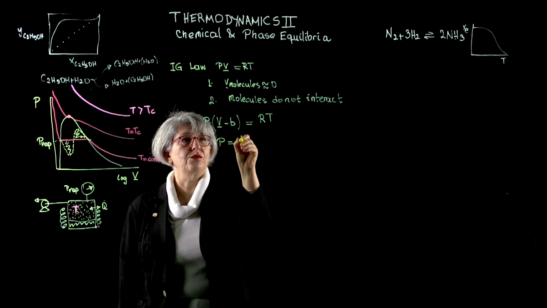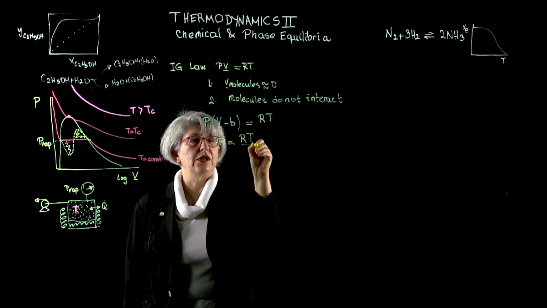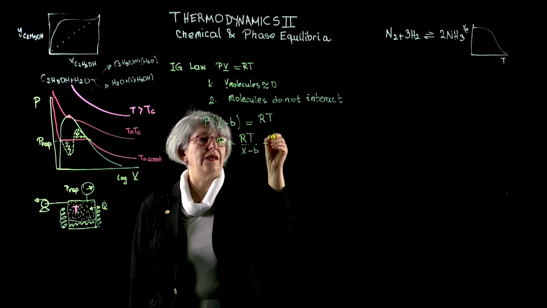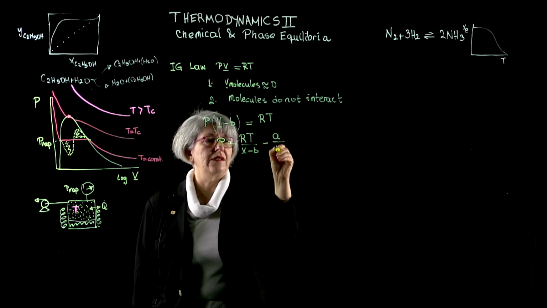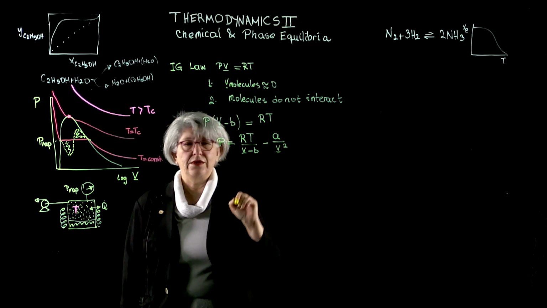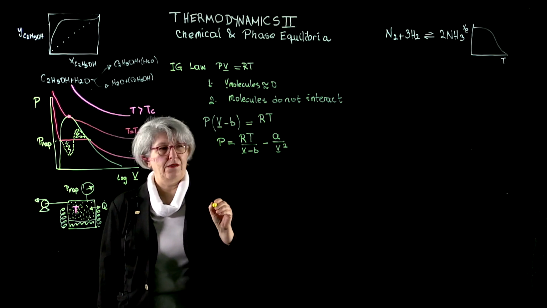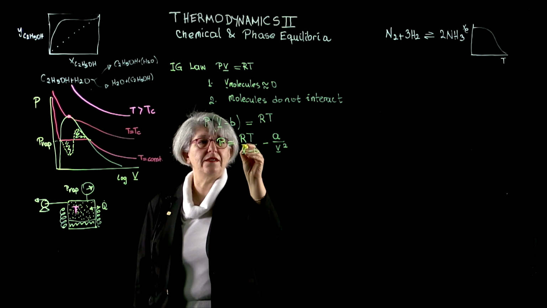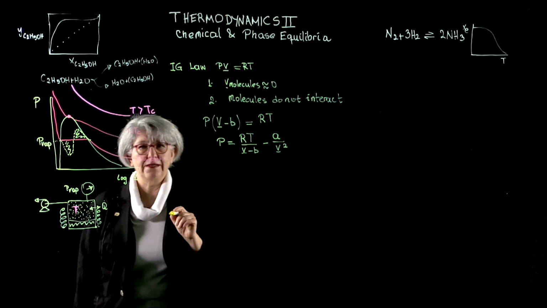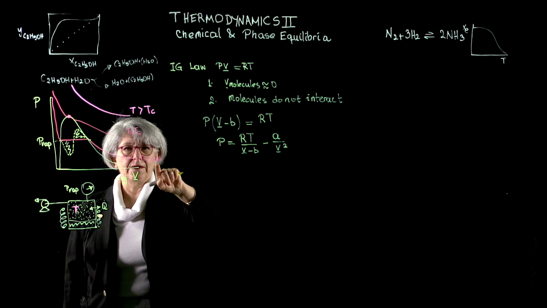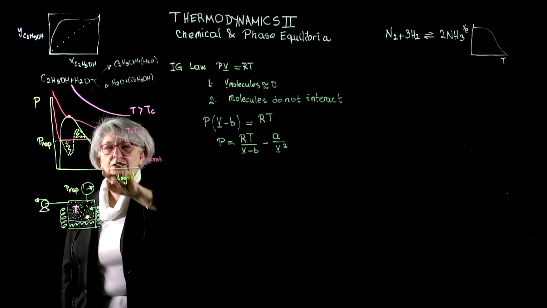Pressure is equal to RT over V minus B, minus A over V square, was our first approximation of an equation of state that represents the fluid behavior in the two-phase region.